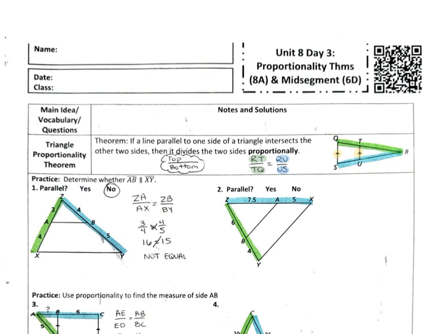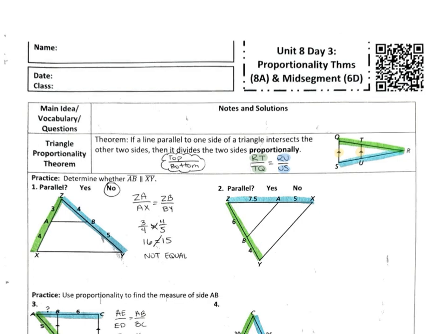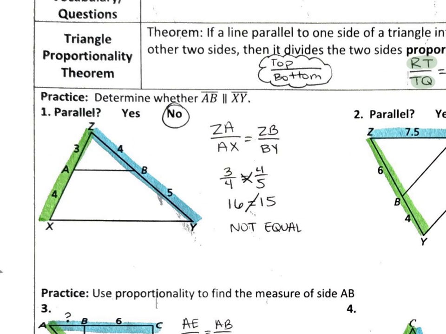Does that make sense? So when we solve a problem like this, Problem 1 asks you to determine whether AB is parallel to XY. Well, my theorem that we just went over says these two lines will be parallel if these are proportional.